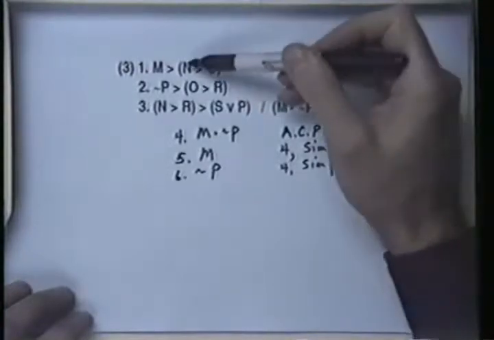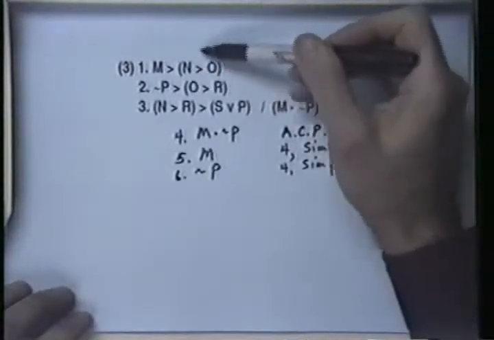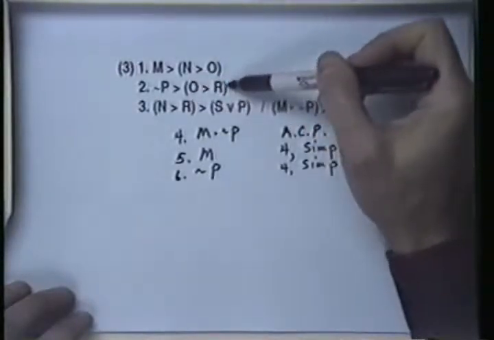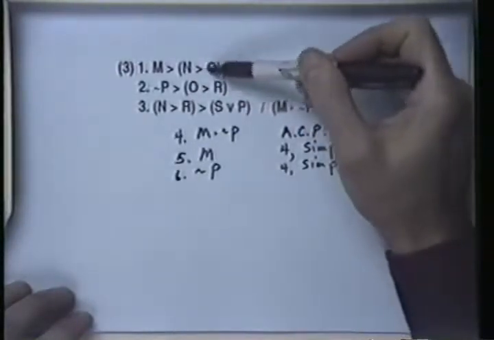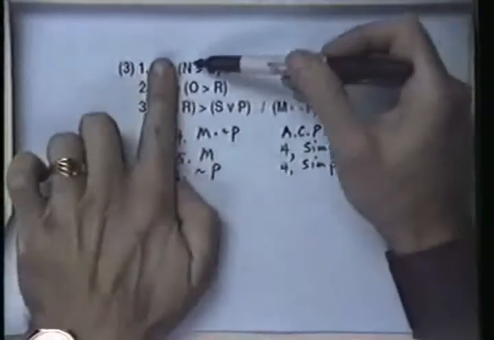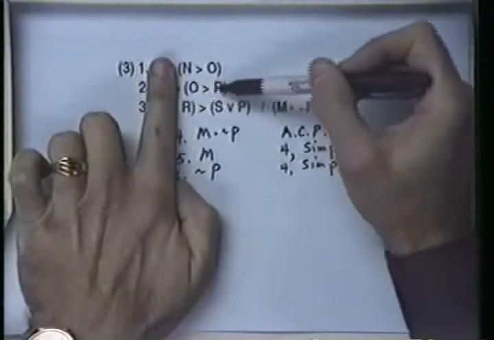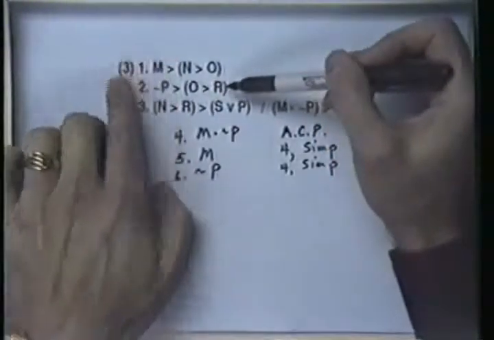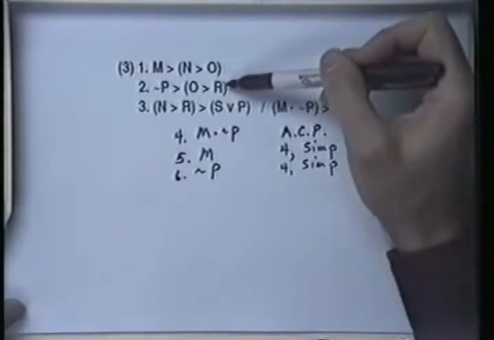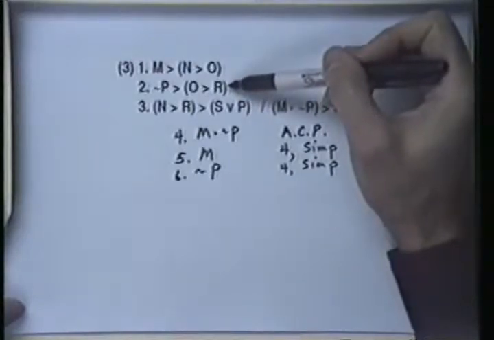We have N as the antecedent of this internal conditional and R as the consequent of this internal conditional. And of course hypothetical syllogism would be possible on lines that look like this, N hooks O and O hooks R. So if we can get into line 1 and 2 by modus ponens, we will then be able to use hypothetical syllogism on those inside components and ultimately get N hooks R.